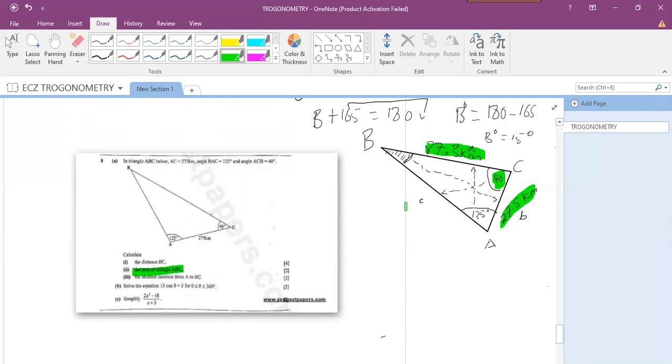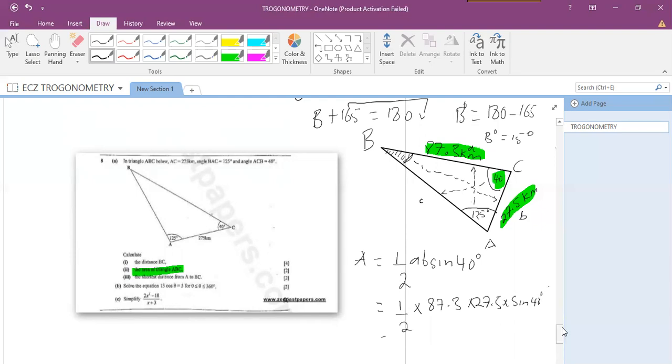The only thing we have to do now is say area is half AB sine 40 degrees. Then we substitute: half multiplied by 87.3 multiplied by 27.5 multiplied by sine 40.